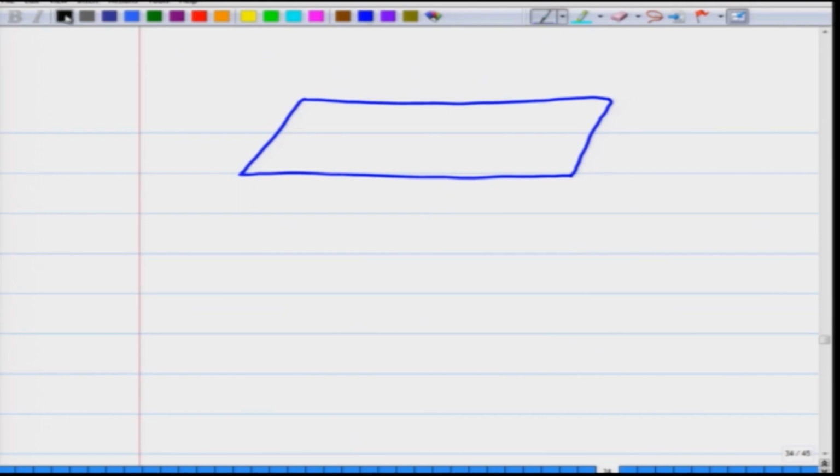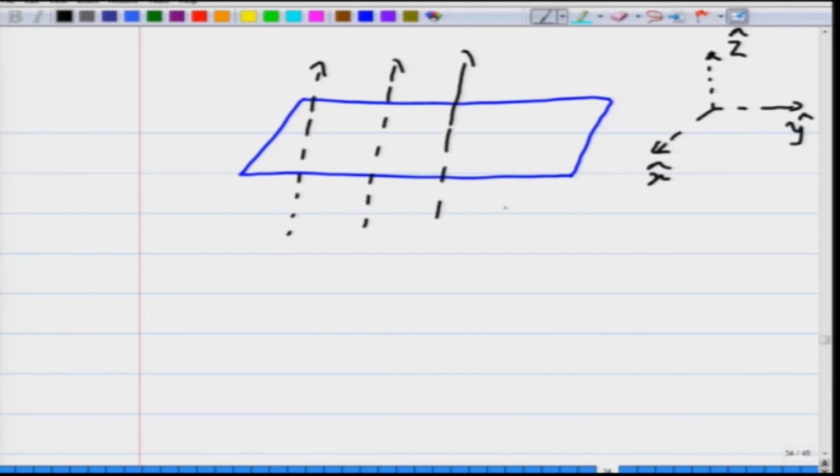First, let us draw the coordinate axis. And I apply a magnetic field in the perpendicular direction, perpendicular to the plane of this metal, whose value is B naught. Okay. This is the magnetic field I have applied.